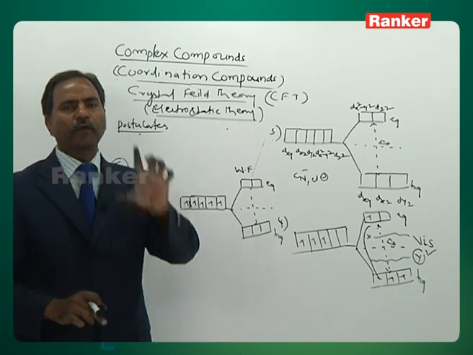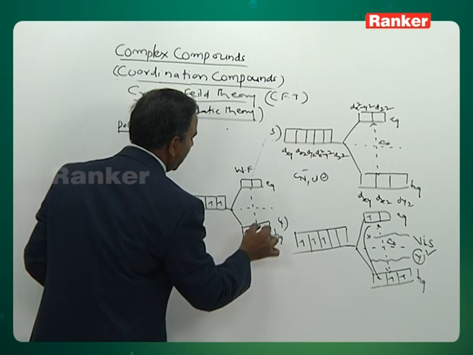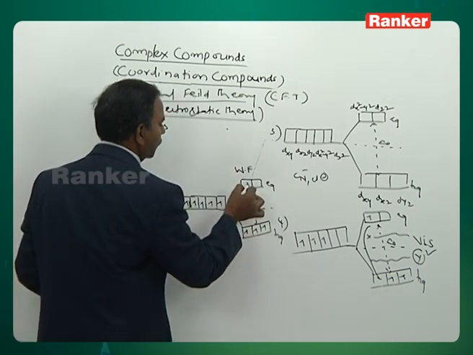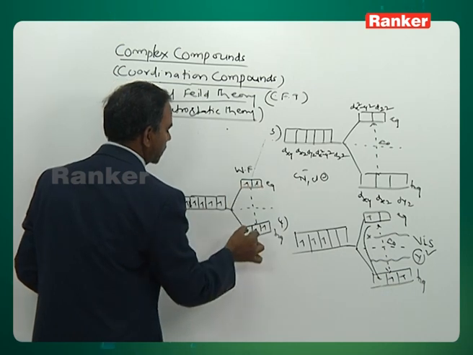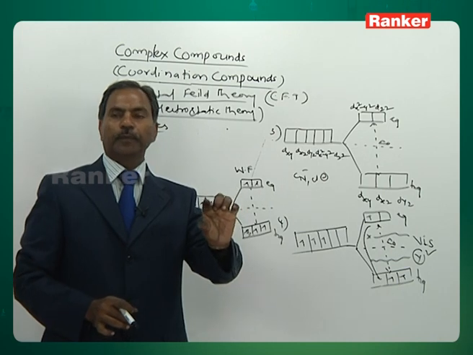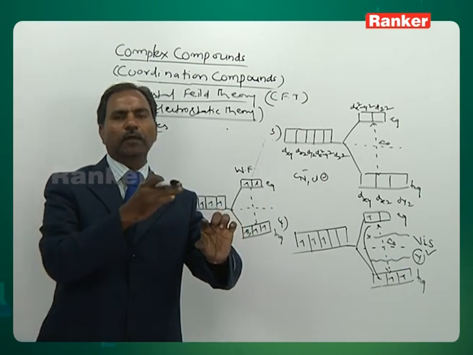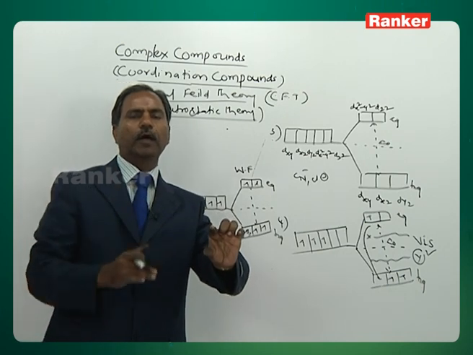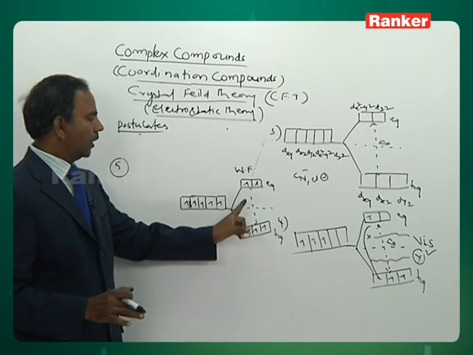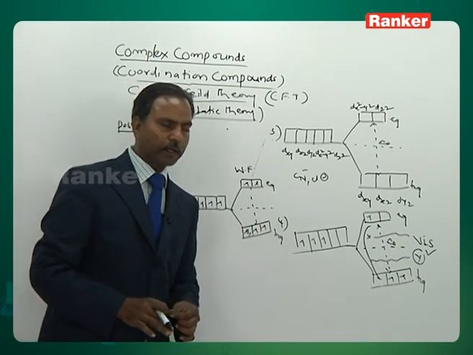Therefore, pairing of electrons is not taking place when the weak field ligand is there. 6 electrons, 1, 2, 3, 4, 5, 6. The splitting is less, so electrons are not getting paired. The electrons fill all the orbitals, lower and higher, uniformly. Therefore, unpaired electrons are there, and the resulting complex is paramagnetic.